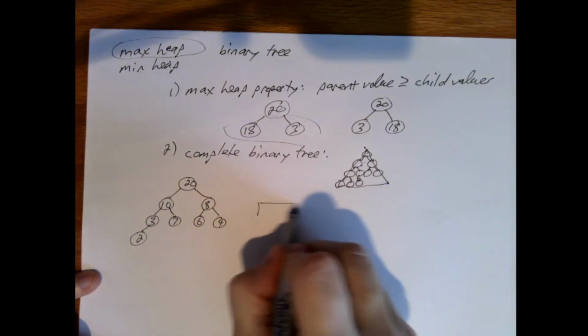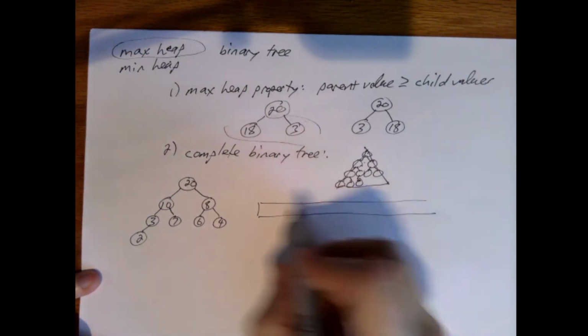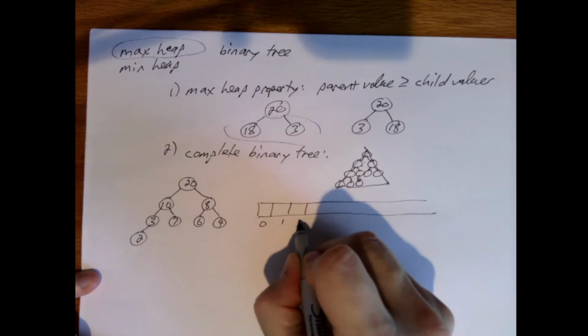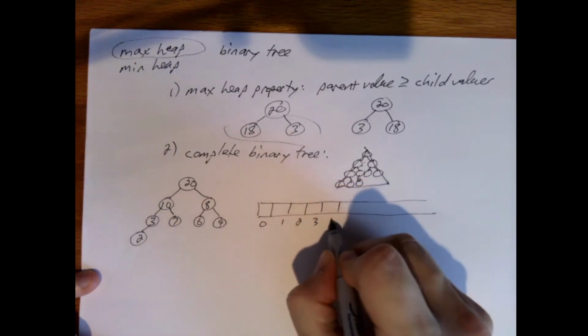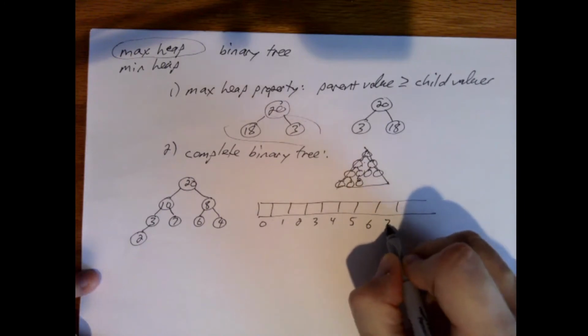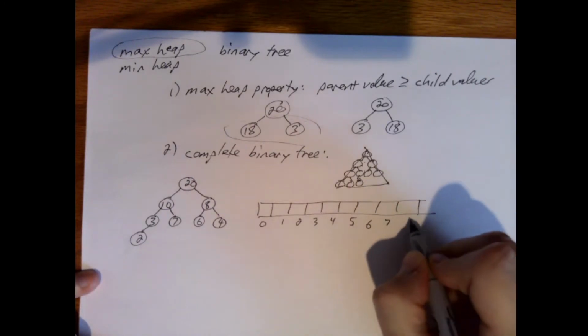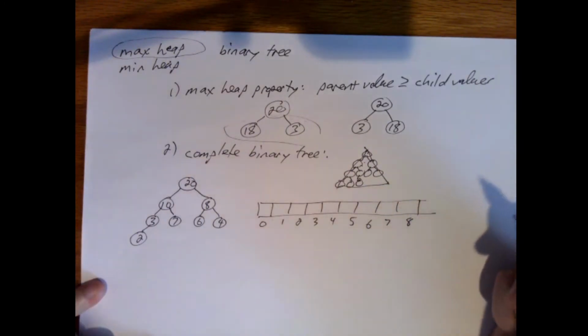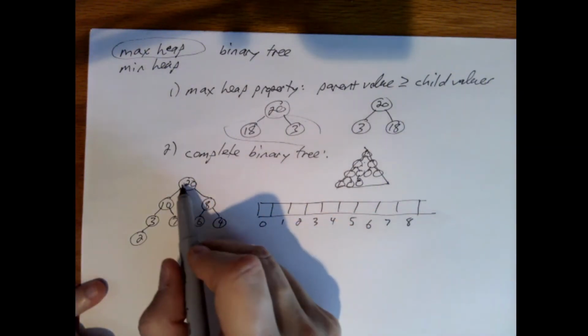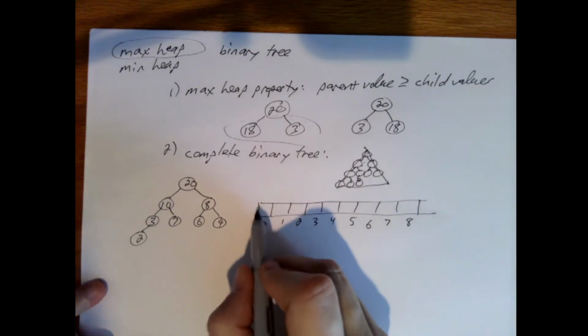So the array that stores this has indices 0, 1, 2, 3, 4, 5, 6, 7, 8. There's different ways to store this, but the way you'll typically see it is we just skip the 0 index.